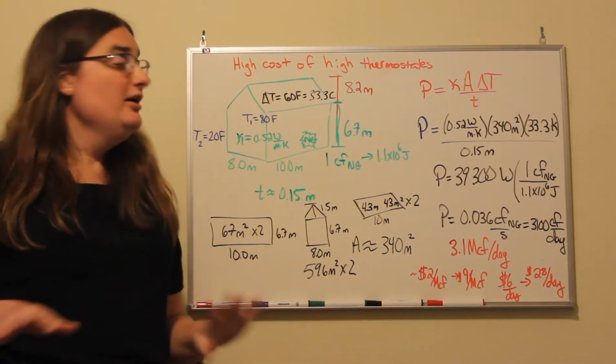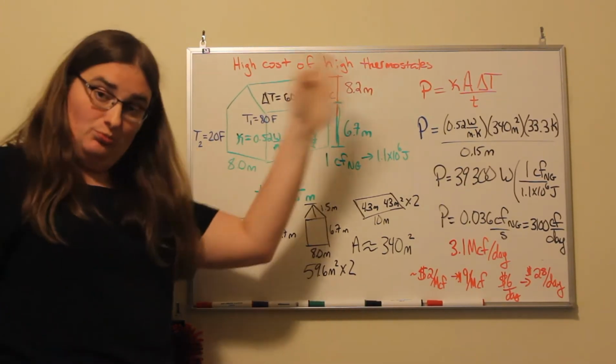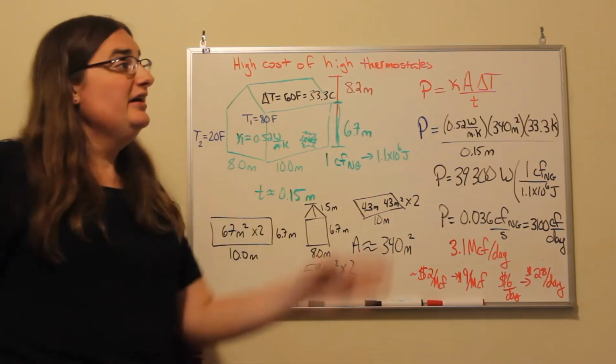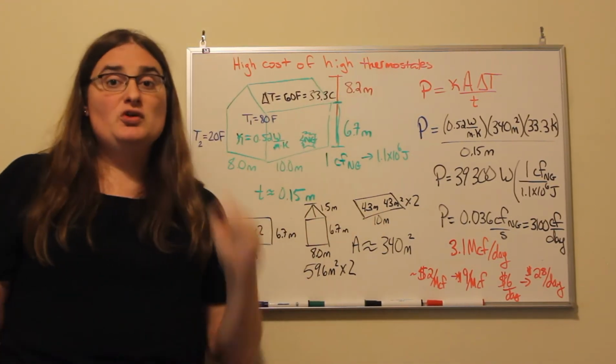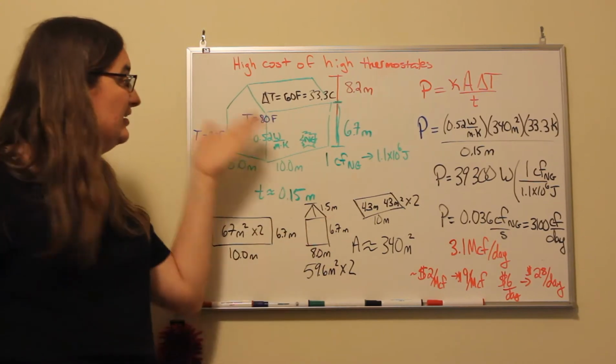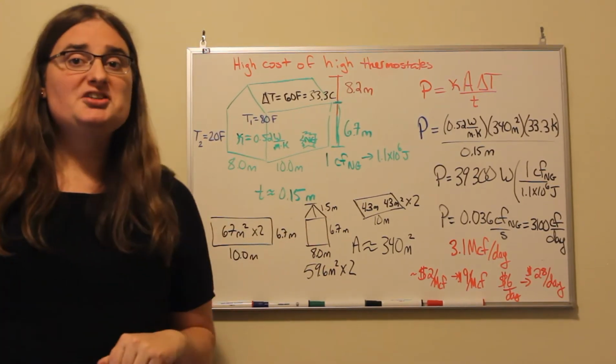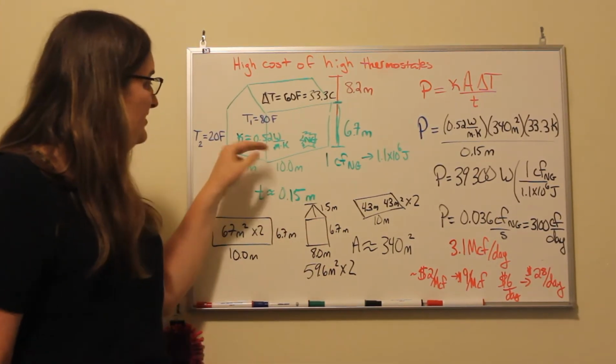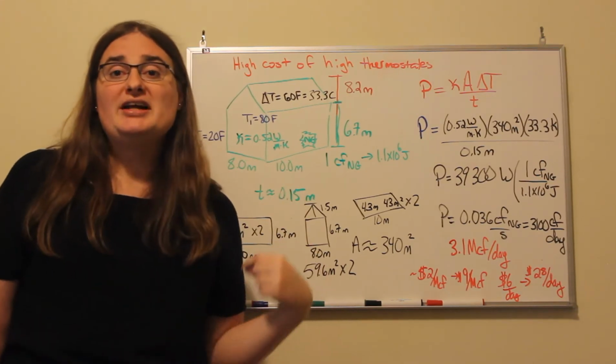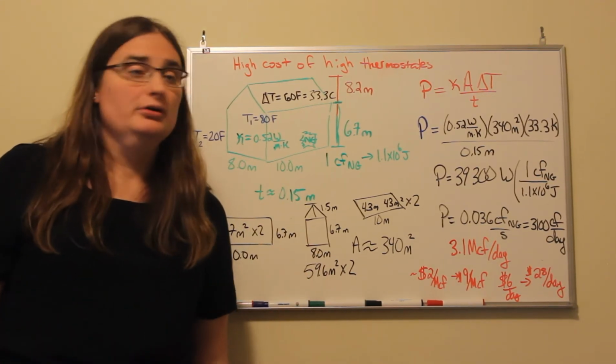But let's say, for whatever reason, the attic was designed to be finished. It has about the same thickness roof and about the same thermal conductivity as all of the walls. And let's say that thermal conductivity is about 0.52 watts per meter Kelvin.